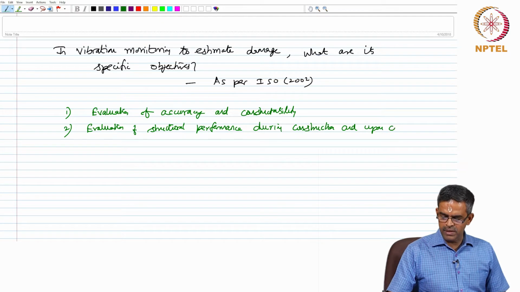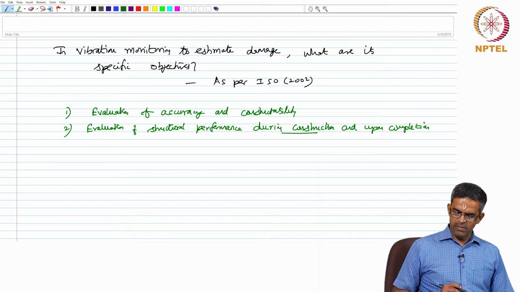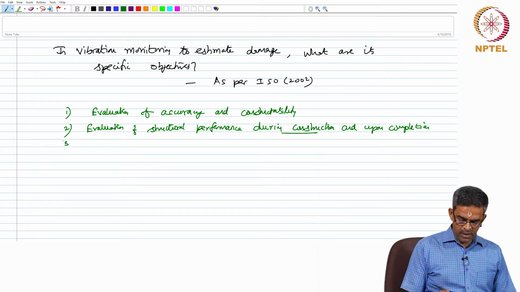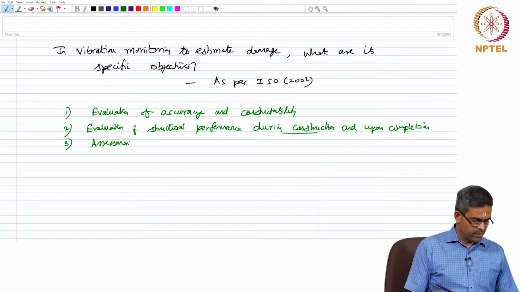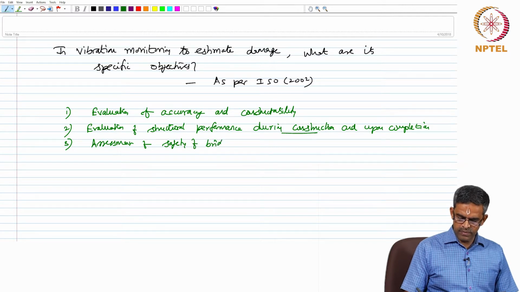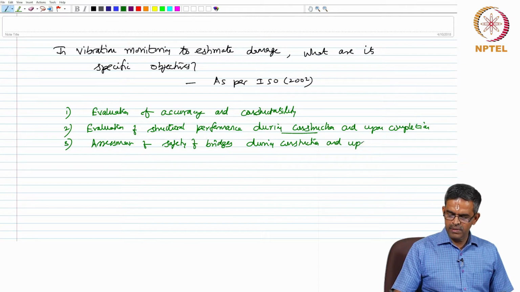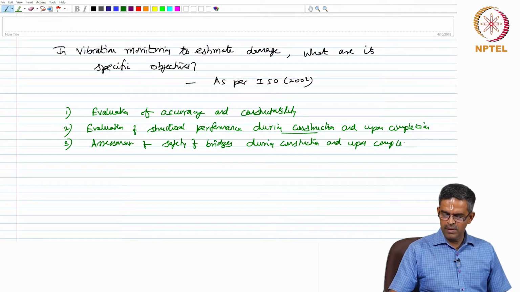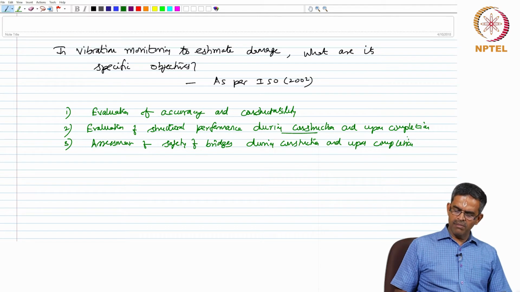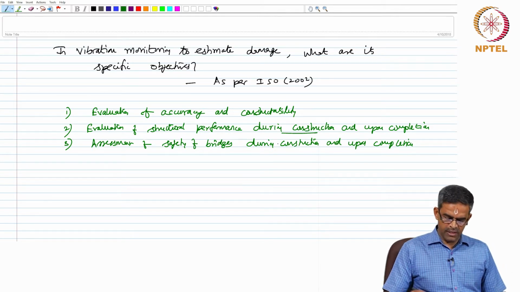That is very interesting. Even the construction stage, damage detection can be initiated. Assessment of safety of bridges during construction and upon completion, because damage can be caused by construction activities as well.